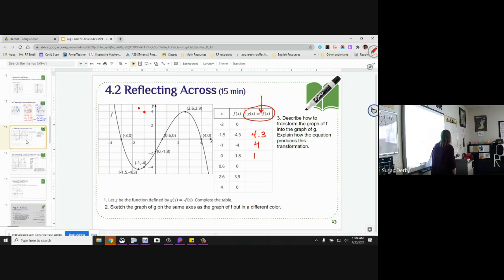Negative 1.8 is going to turn into a positive 1.8. 0 is neither positive nor negative. It's going to stay put right where it is. All of our zeros are going to stay put right where they are. And our positive 3.9 will turn into a negative 3.9.